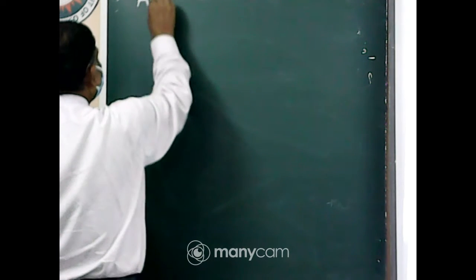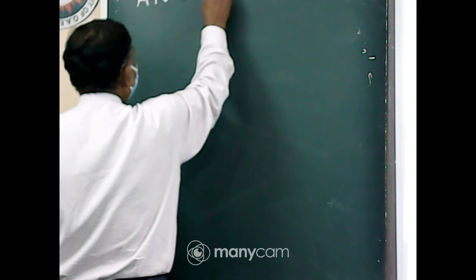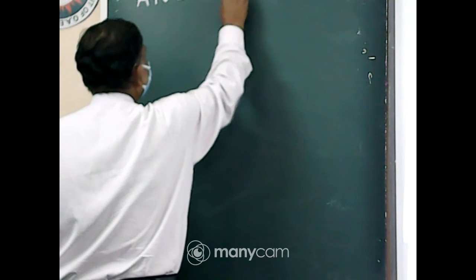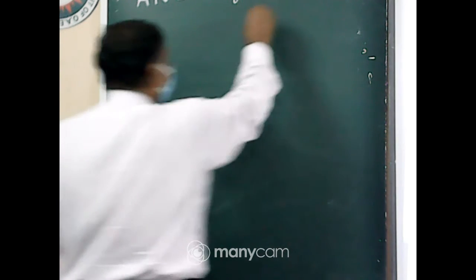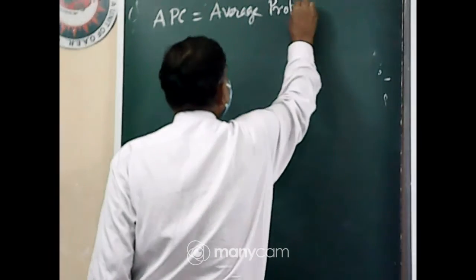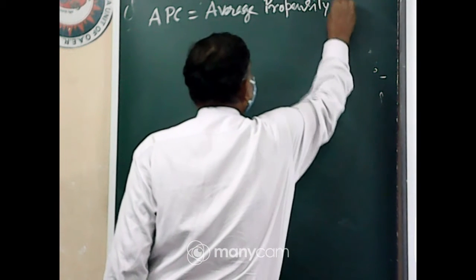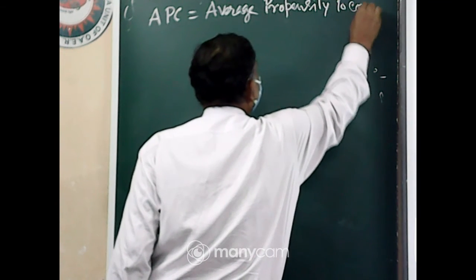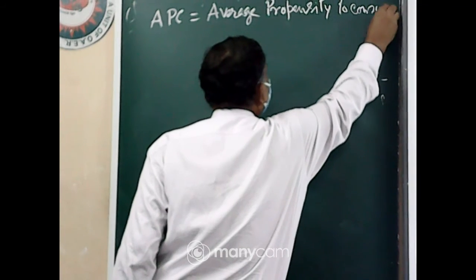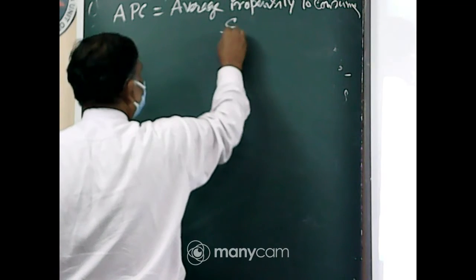APC means average propensity to consume. Its formula is C by Y.